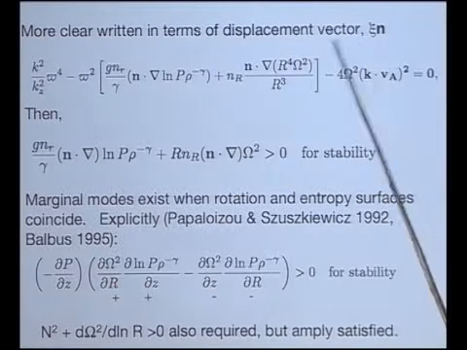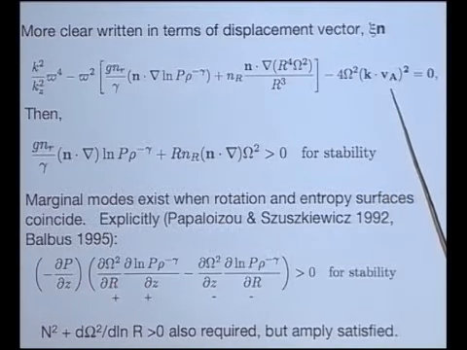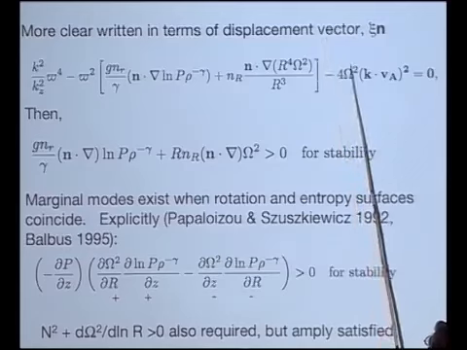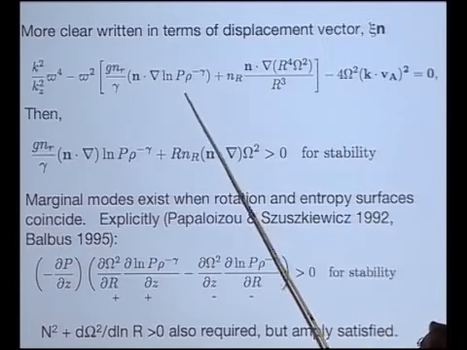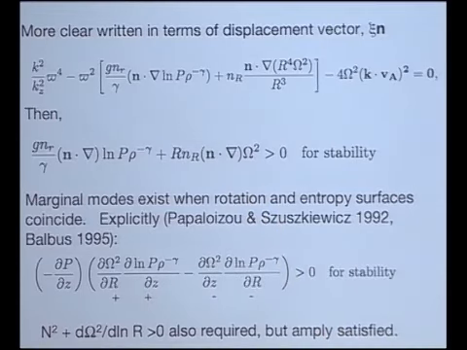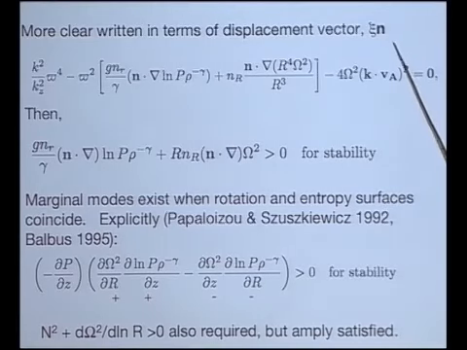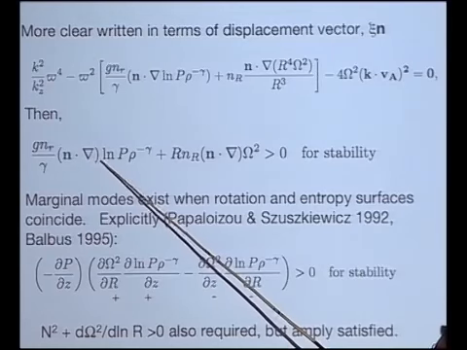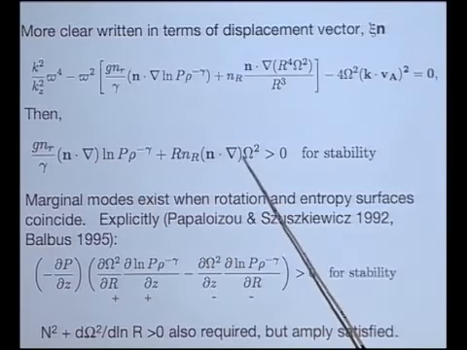This can be perhaps more clearly written if I use not the wave numbers, but the displacement vector. So this is a funny way to write a dispersion relation. I have a k dot VA here, but instead of these funny operators, I write those entropy response and the rotational response in terms of my displacement vector, so n here is a unit vector along the direction of the displacement.